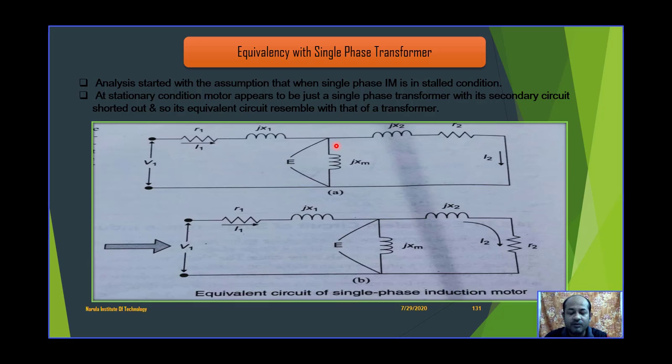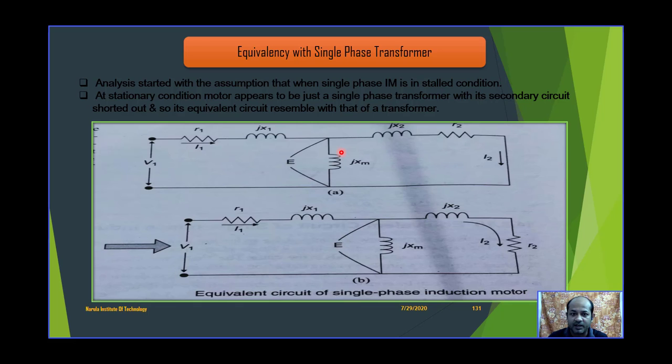Now the question that must spring up in our mind is that whenever we discussed the single phase transformer in short circuit condition, we neglected the shunt branch parameter, whereas when we are discussing the single phase induction motor, we are considering the reactance branch. So why? Because in the case of a single phase transformer, the magnetizing current is very small, whereas in the case of a single phase induction motor, it is 30 to 40% of the full load current.